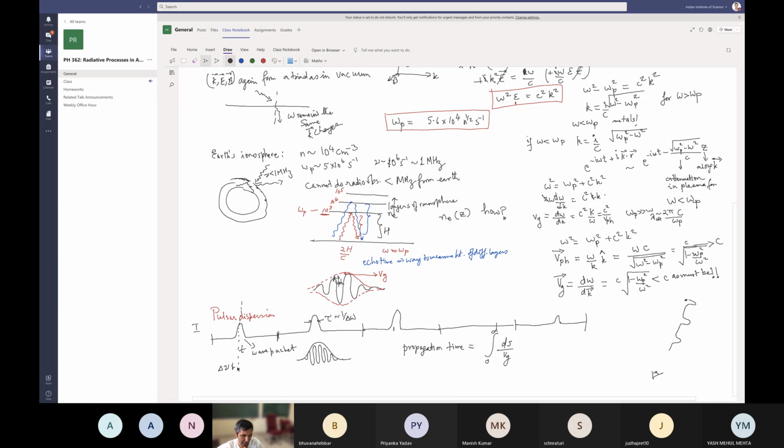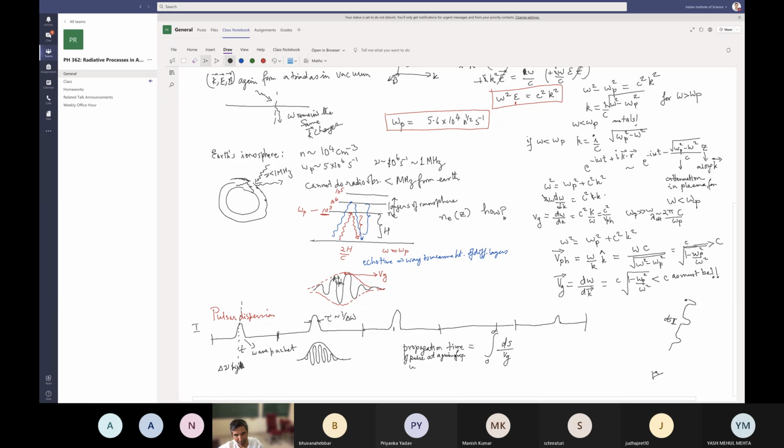In fact, they are more luminous at low frequencies. So this is the differential distance ds, and vg is the group velocity at that particular frequency of the pulse. This is the propagation time of a pulse at a given frequency omega.